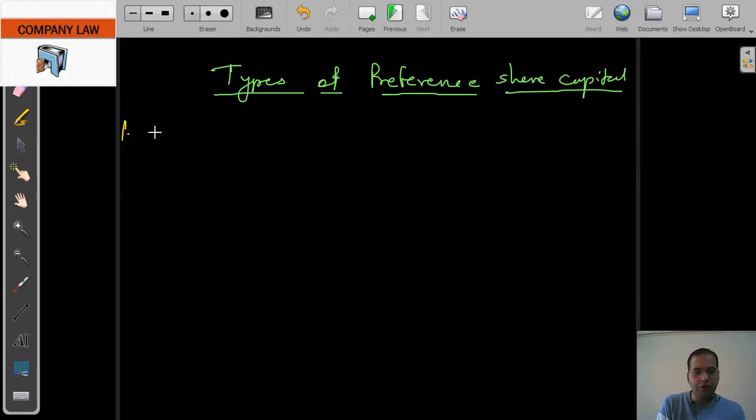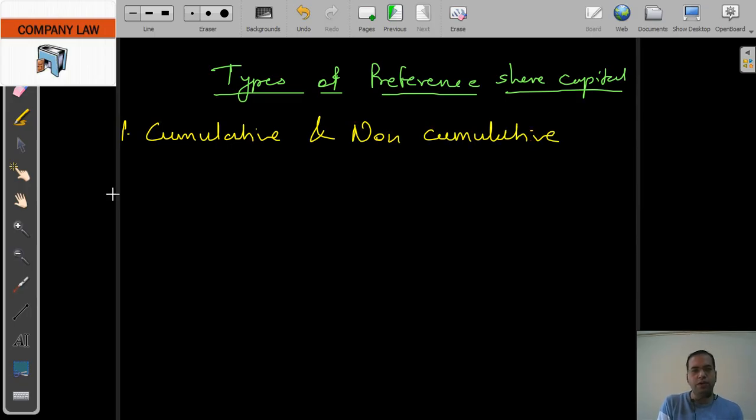First one is cumulative and non-cumulative. Second one is convertible and non-convertible.